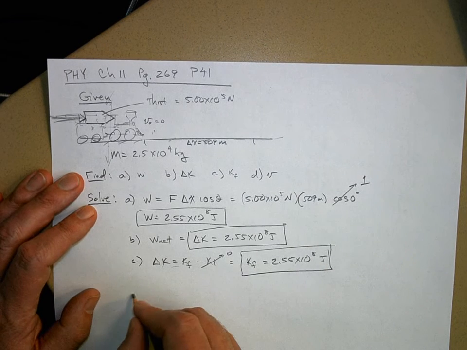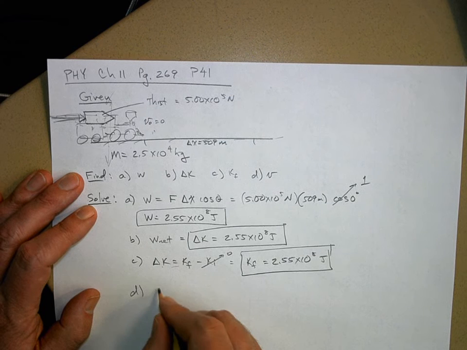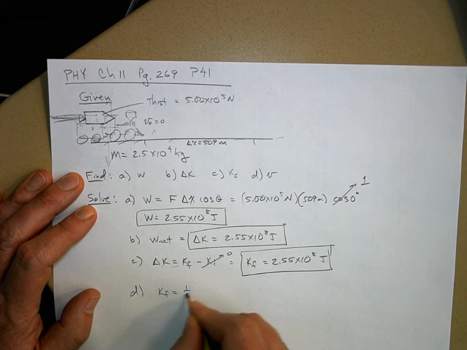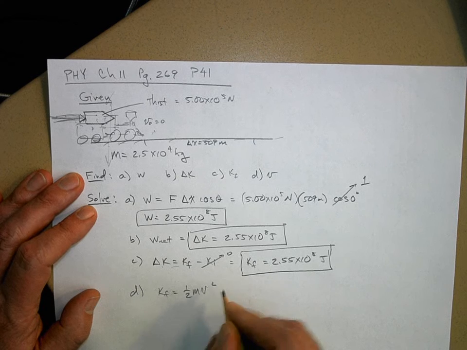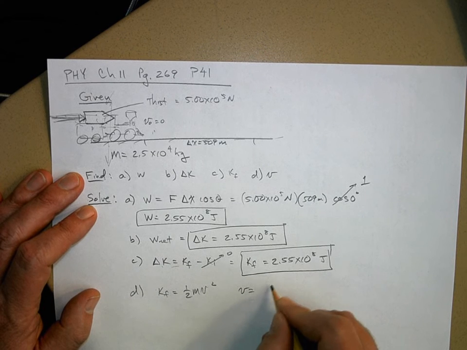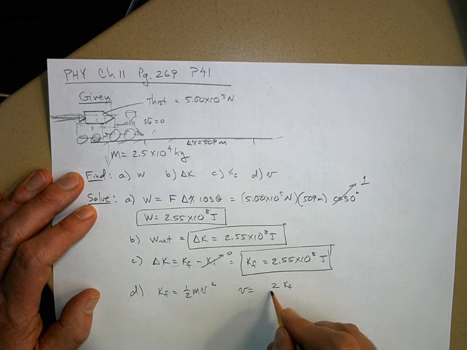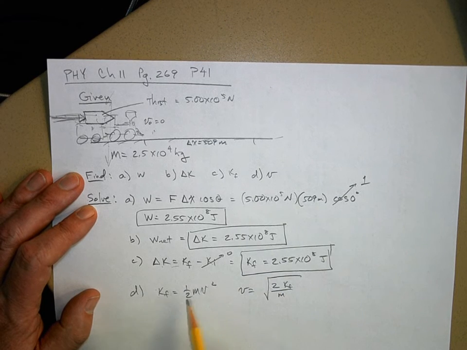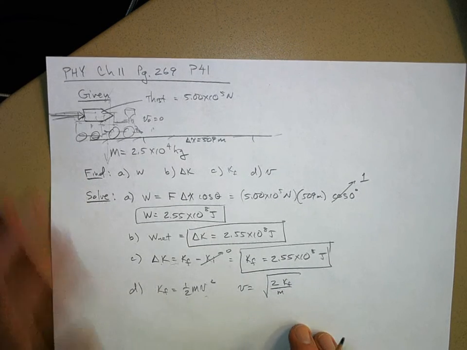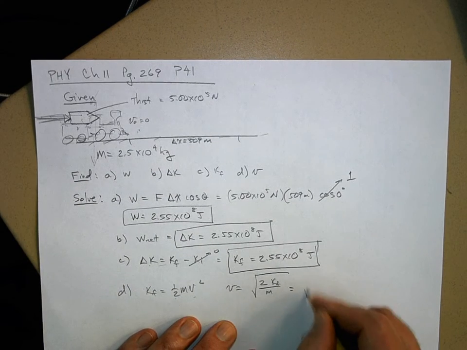Now let's do part D. So K final equals 1/2 m v final squared. So v is equal to the square root of 2 times that final kinetic energy divided by the mass. So I just solved for v right here. You should know how to do that. And now I'm going to plug in my values.